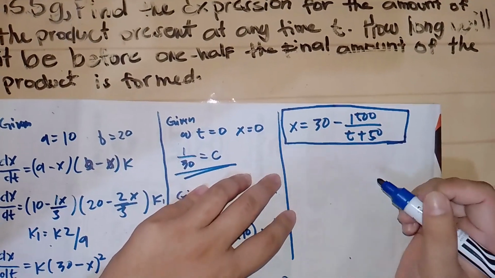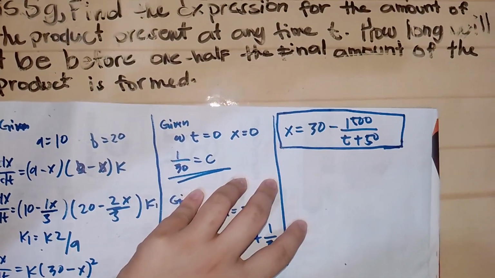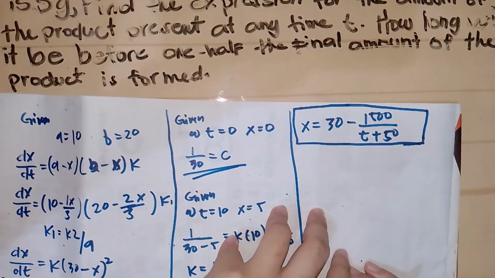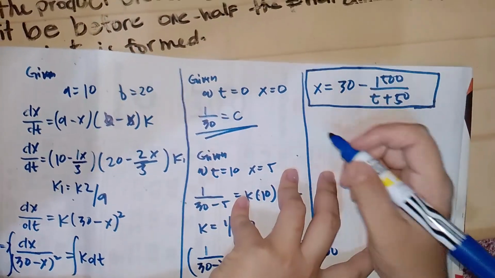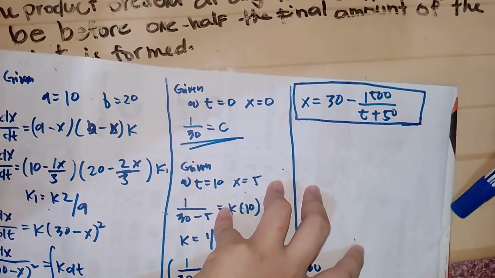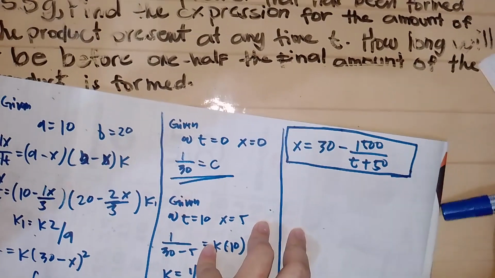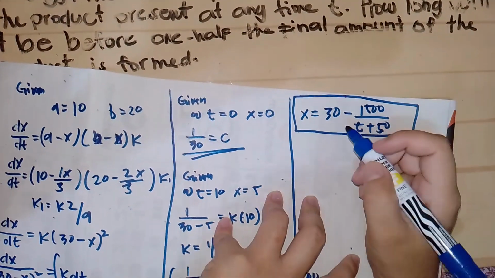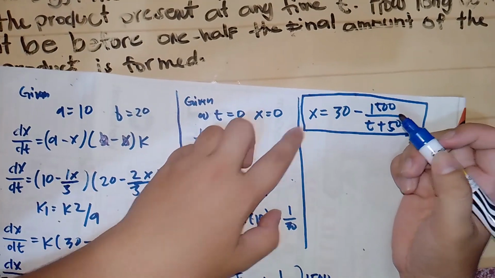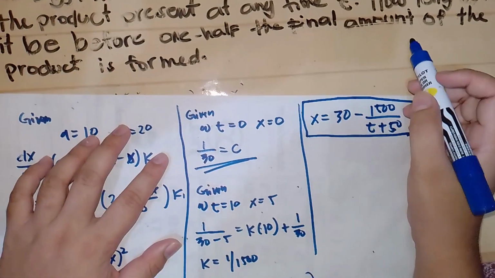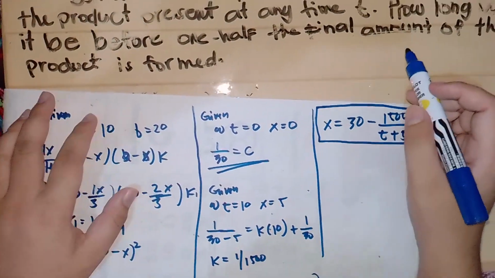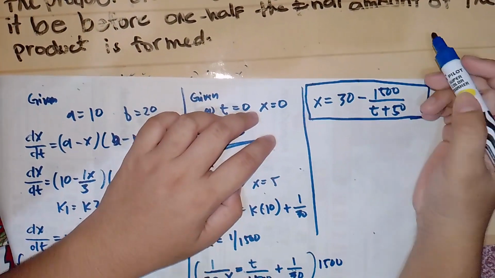Now let's find the value of t. Our word problem says: how long will it be before half the final amount of the product is formed?